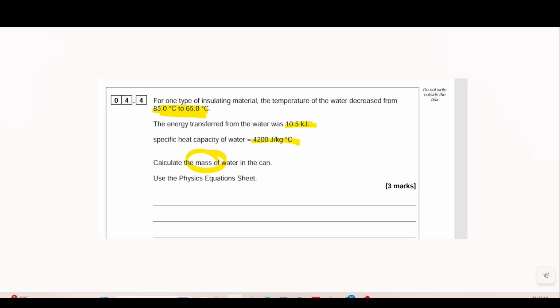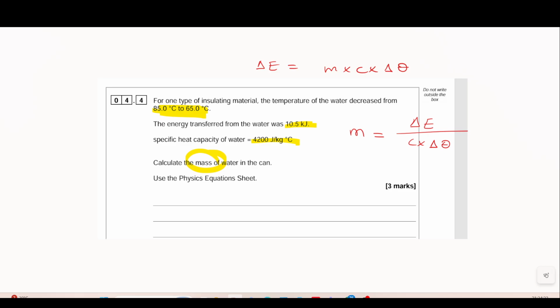Change in thermal energy equals mass times specific heat capacity times temperature change. Yes, exactly. Now we need mass, so rearrange terms. So mass equals change in thermal energy divided by specific heat capacity times temperature change.